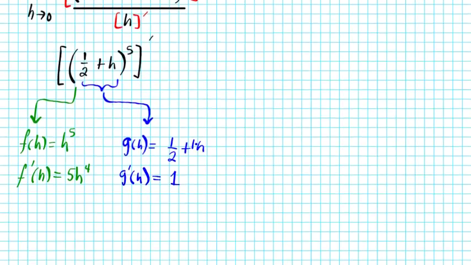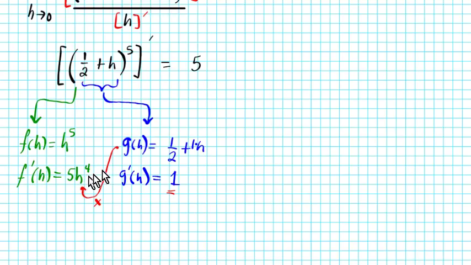Alright? Now, the derivative of the outer, evaluated at the inner, we're going to multiply that by the derivative of the inner. Okay? So the derivative of this function here is going to be 5.